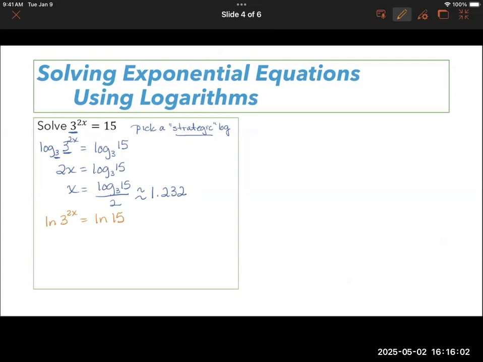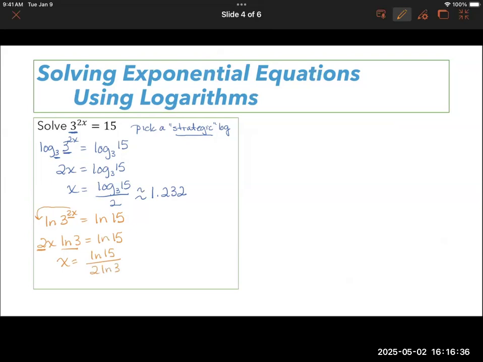Now, based on our laws of logarithms, we know that this exponent can come down in front. So this will become 2x times ln 3, and this will become ln 15. And then we're going to divide by the 2 and the ln 3 to get x by itself.